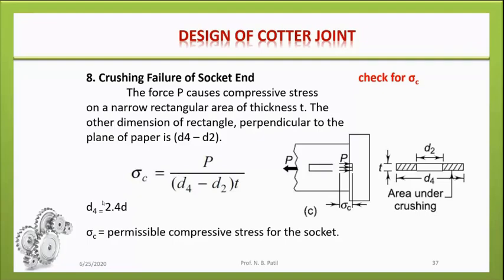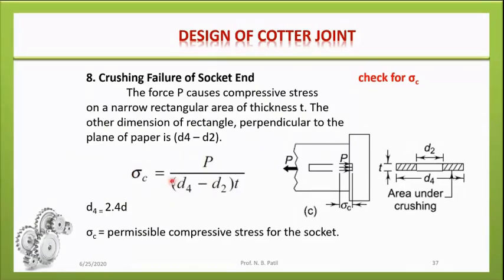Crushing failure of socket. In some problems, you may be required to determine D4. At that time, one might say I am directly taking D4 equal to 2.4 into D, but it's not like this. In a problem where it is clearly stated that you need to find the value of D4, you use this formula, take sigma C equal to ultimate tensile stress divided by factor of safety, and find D4 from this.